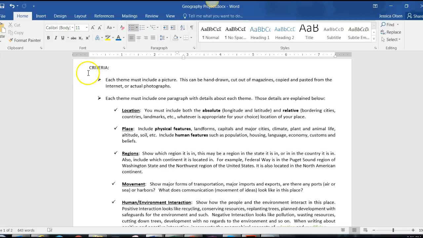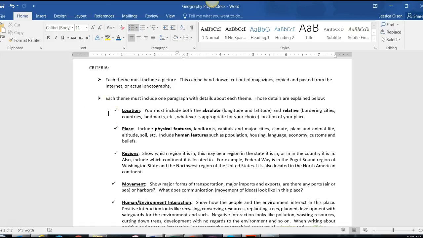So here we go with the criteria. Each theme must include a picture. This can be hand-drawn, cut out of magazines, copied and pasted from the internet, or you can use your own actual photographs. Each theme must include one paragraph with details about each theme. Paragraphs are going to be 5 sentences long.